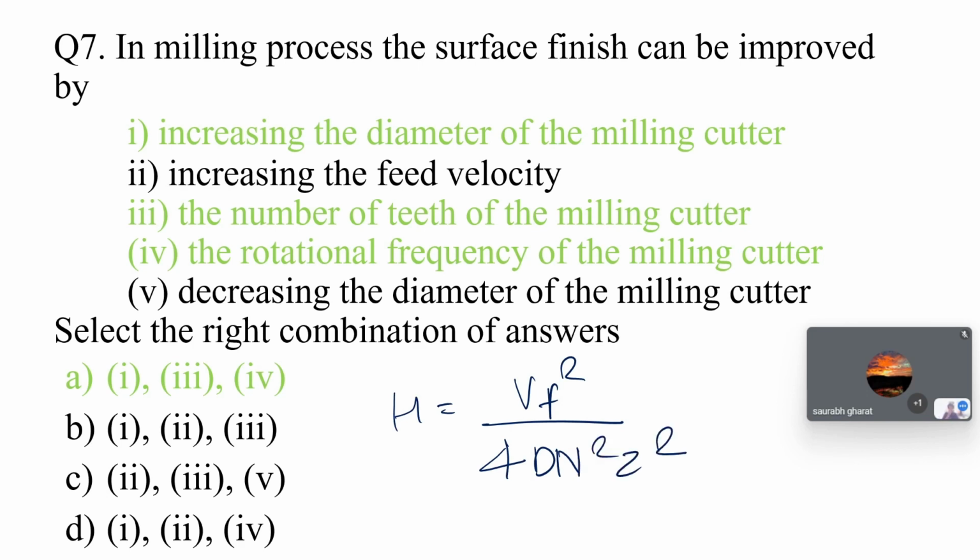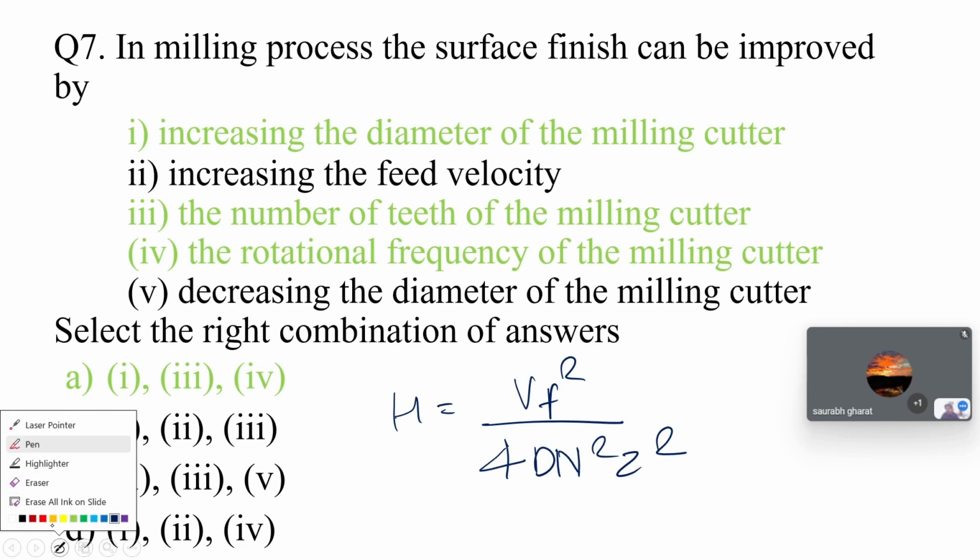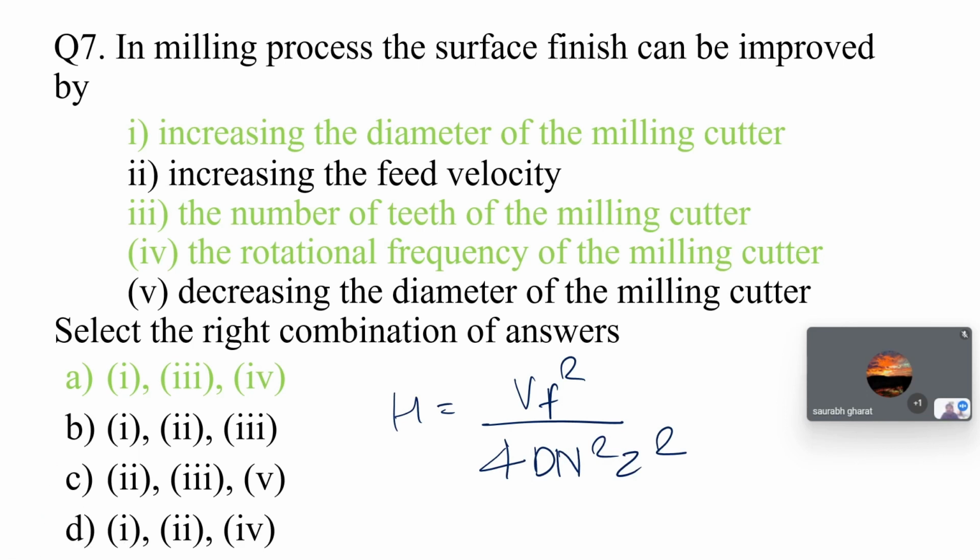Check what is correct here: in milling process, increasing the diameter of the milling cutter, to improve the surface finish. I told you, if you go through my previous assignment, I took all these kinds of questions. Every category has been taken previously, so it will be very easy for you.